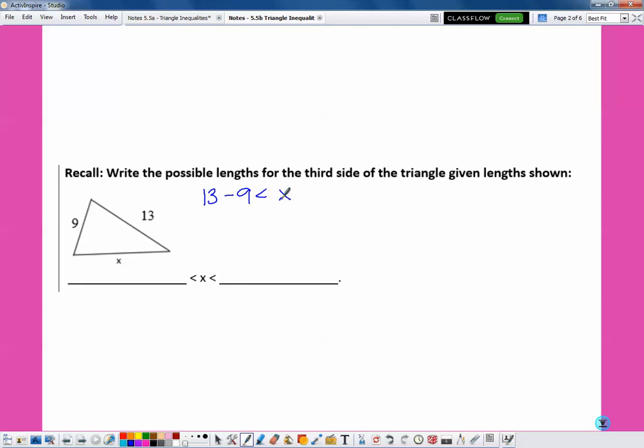If it is the longest side, we know it has to be smaller than 13 plus 9. So if we simplify, we know that x has to be in between 4 and 22.